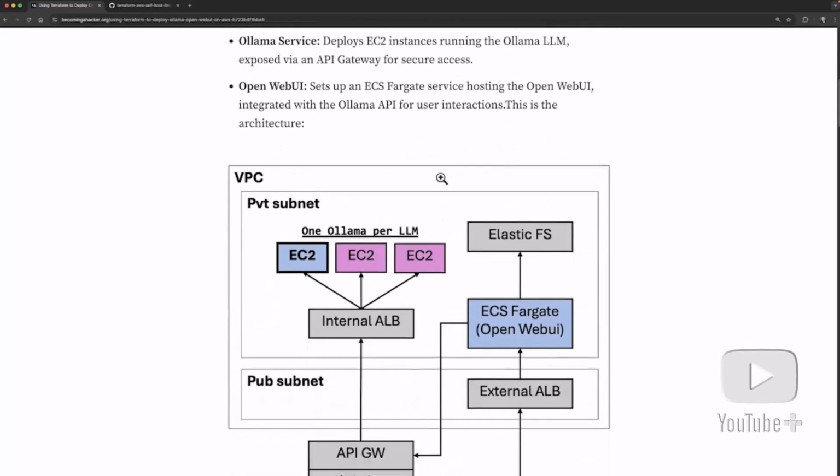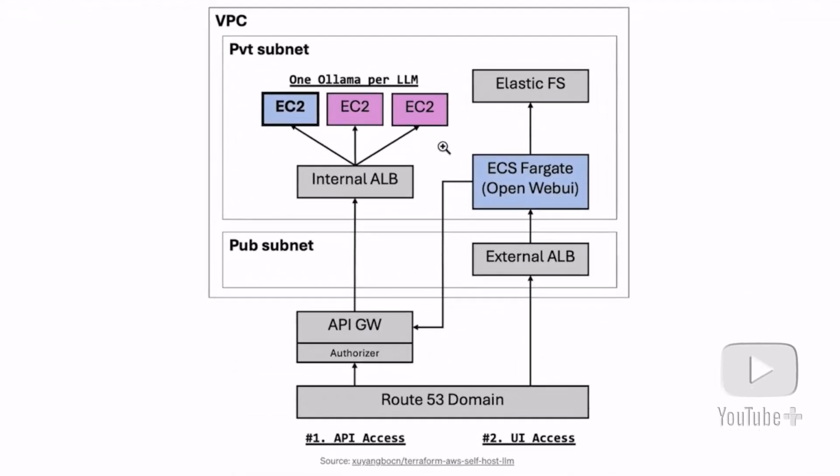So the deployment architecture looks like this, and this is actually in the GitHub repository that I have linked in there, where you have different EC2 instances, a private and a public subnet, and then you have the ability to run Open Web UI in an ECS Fargate implementation. And then, of course, you can take advantage of Route 53 for domain tasks or DNS tasks and so on.